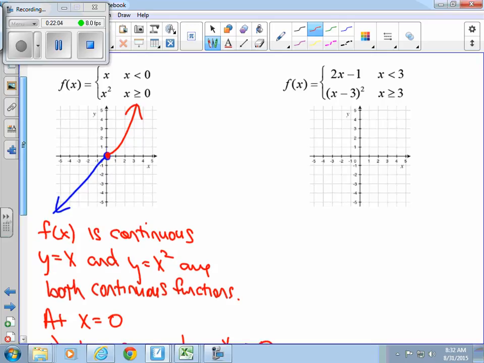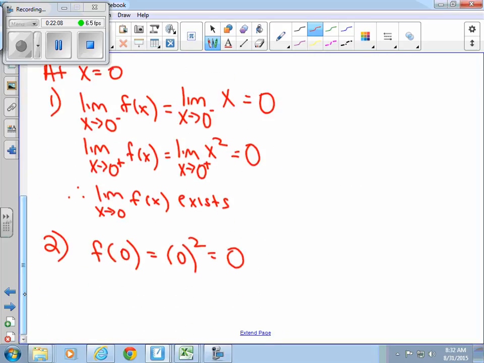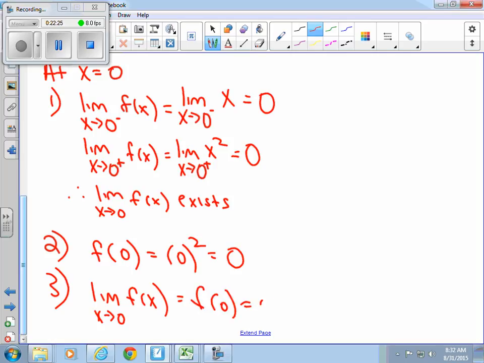The less than or equal to is on that bottom piece, so at 0, that's the piece I use. The hardest part of this justification is number 1. And then number 3, that they equal: the limit as x approaches 0 of f of x equals f of 0, which equals 0.